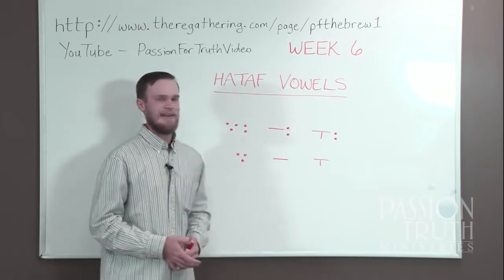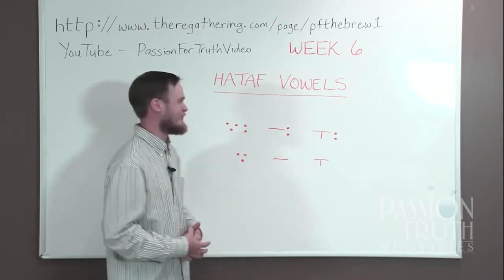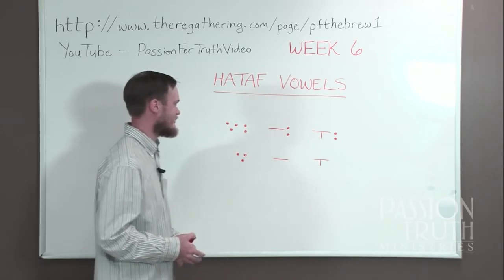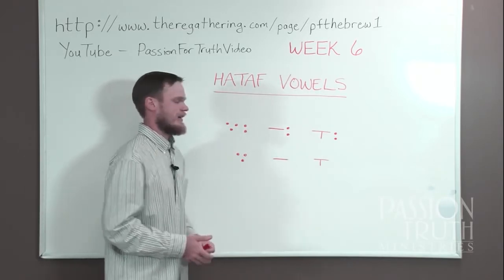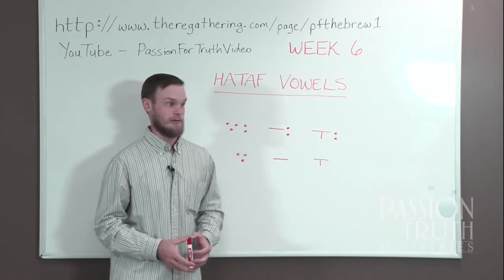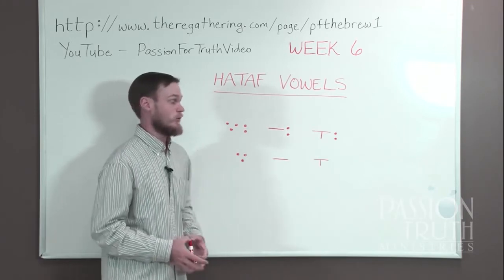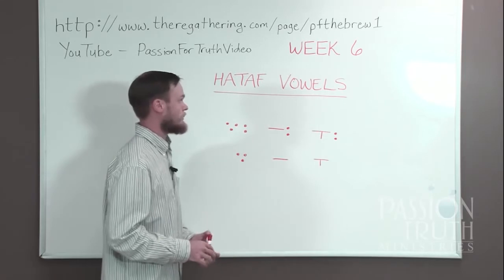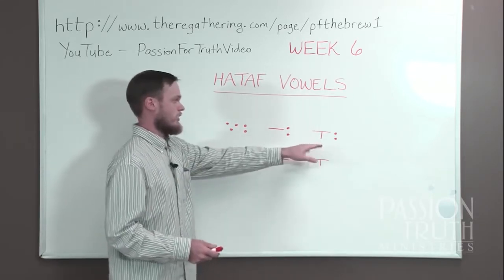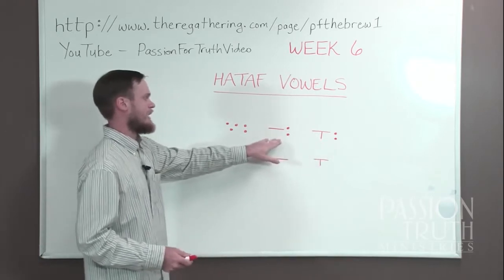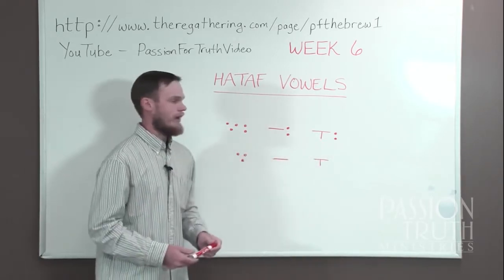There will be a time when I go over the rules for this and why it happens this way. But I'm not going to bog you down in those technicalities right now, as we're just trying to learn the letters and the sounds they make and pronounce words. So just be aware that these exist. Know what they're called: chataf kametz, chataf patach, and chataf segel.